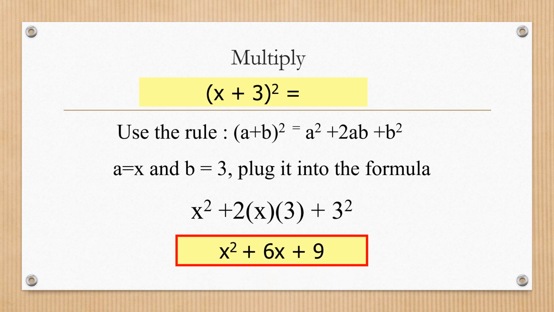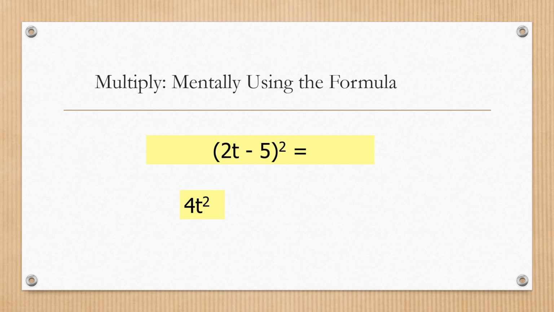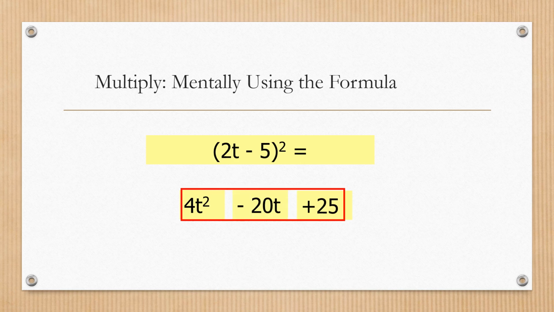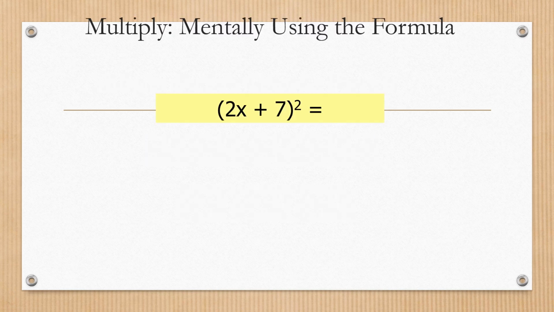That is x squared plus 6x plus 9. Okay, then we have here 4x squared, then we have x squared and negative 20x squared. All right. Let's continue. We can mentally multiply this one using the formula.